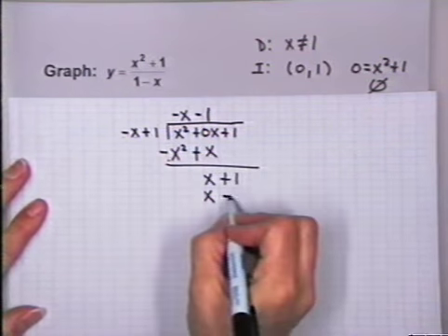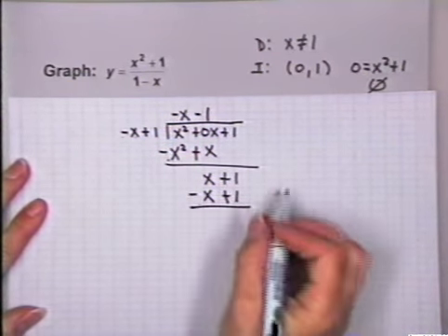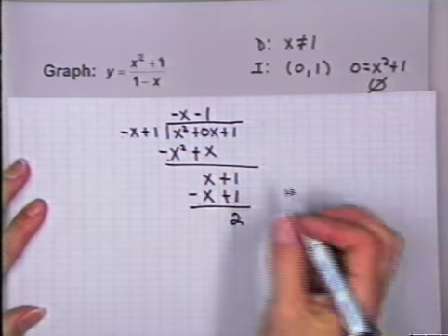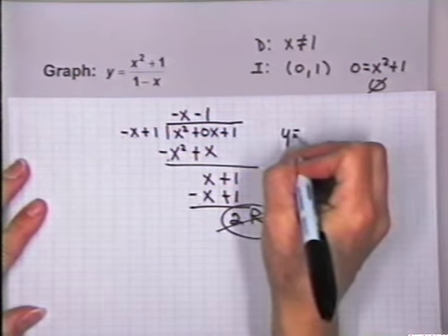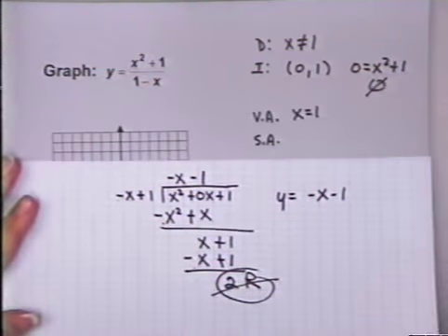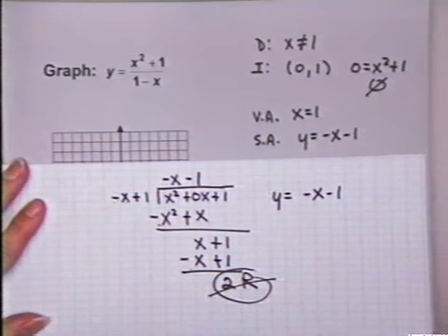Minus 1 times 1 is a minus 1. Subtract, so change signs. X's drop. 1 plus 1 is a 2. I can't divide negative x into 2. This is my remainder, which I ignore. Set y equal to my quotient, negative x minus 1. So there's my slant asymptote. Y equals negative x minus 1.